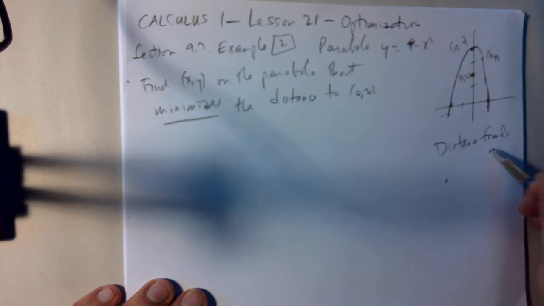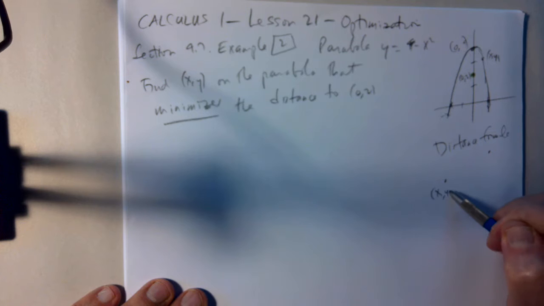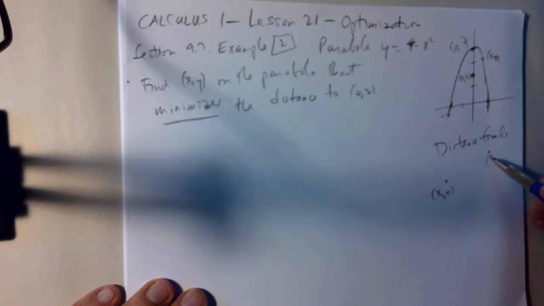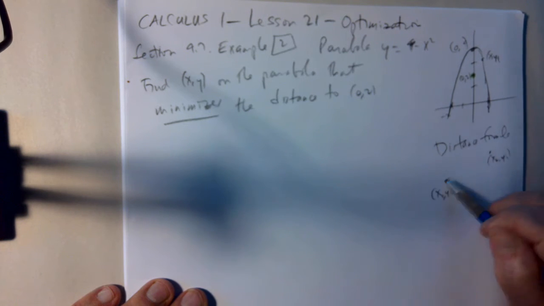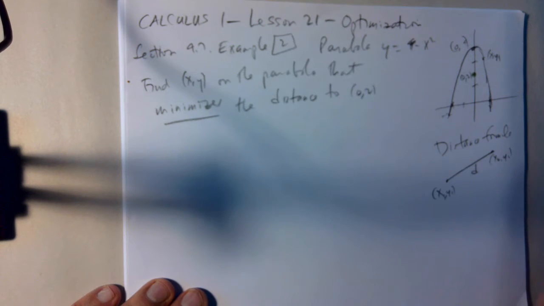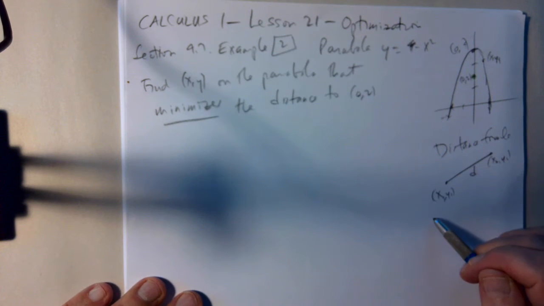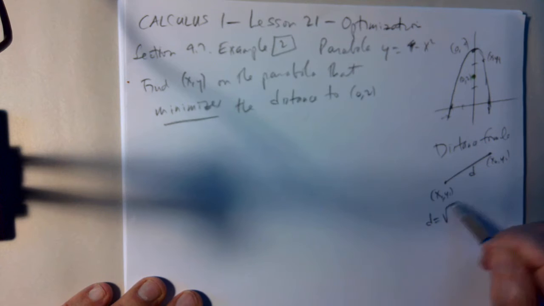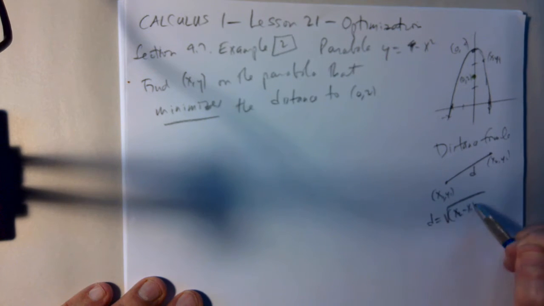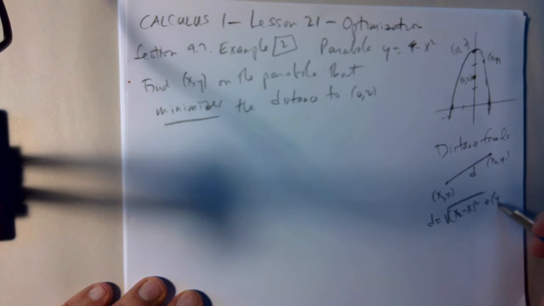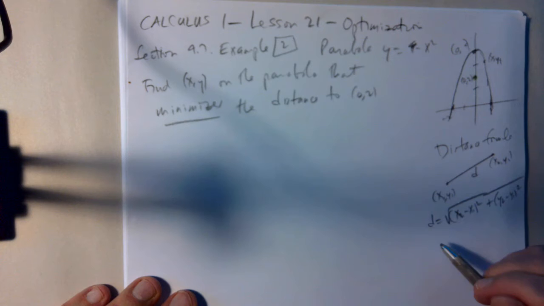If you have 2 points in the plane, x1, y1, and x2, y2, the distance between them, d, is given by the formula: d is the square root of the square of the difference of the x coordinates plus the square of the difference of the y coordinates.